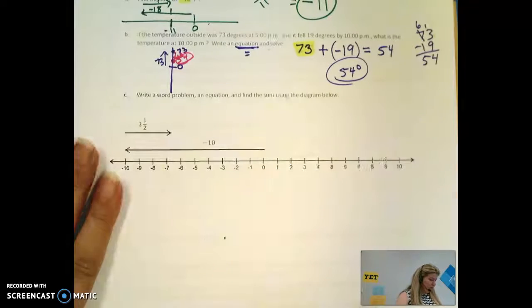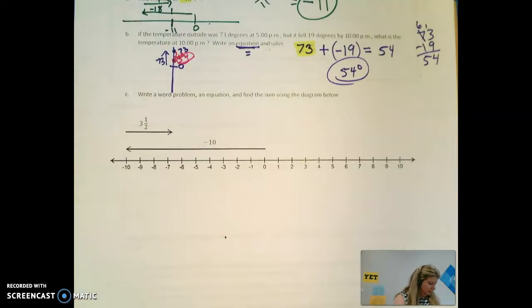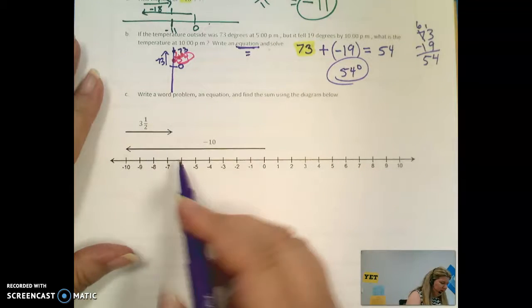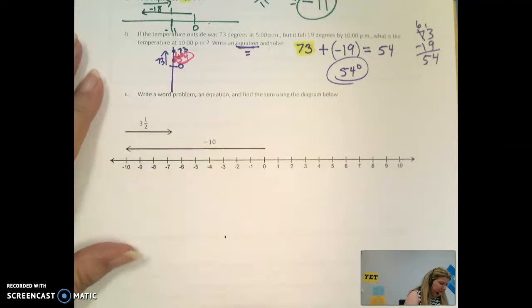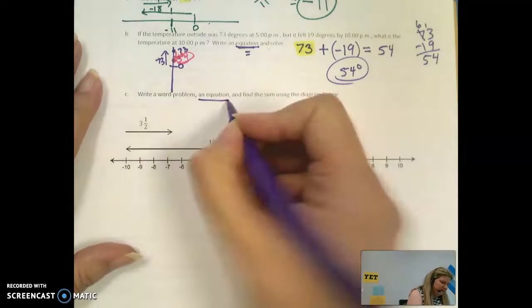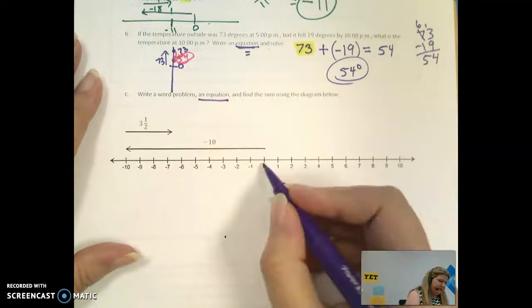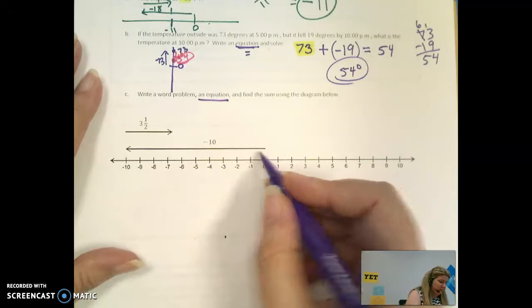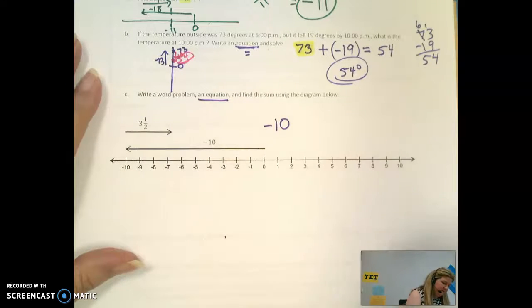Moving on. Write a word problem, an equation, and find the sum for the diagram below. I'm not going to write my word problem, but I will make up one and tell you what I'm making. So 3.5, -10. The equation's where I'll start. From 0, because that's our starting point, I go -10.